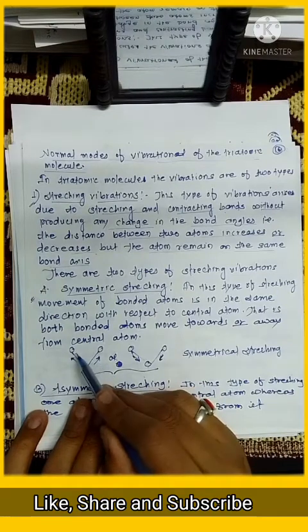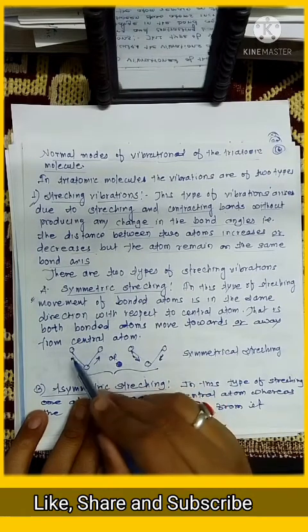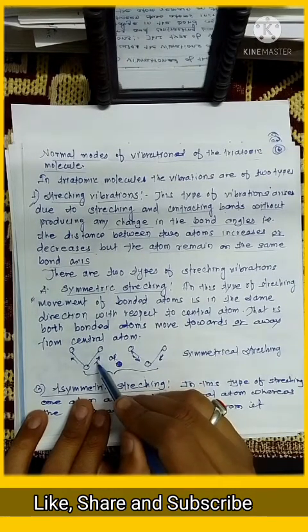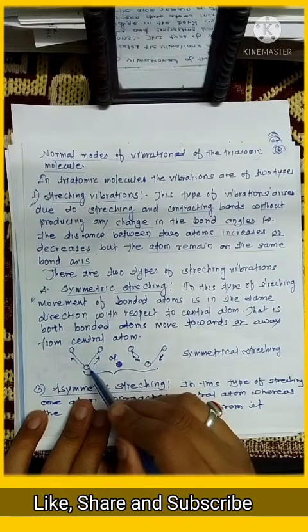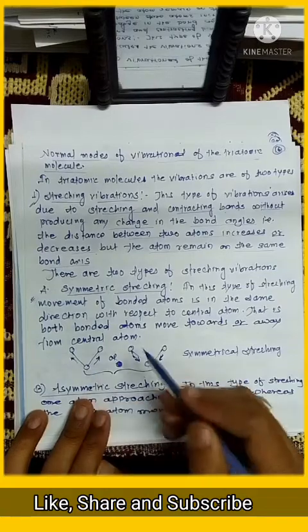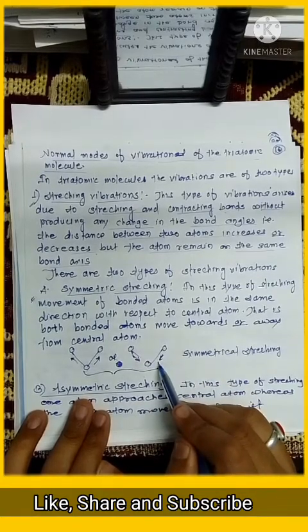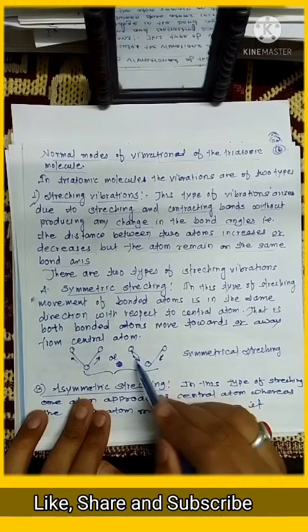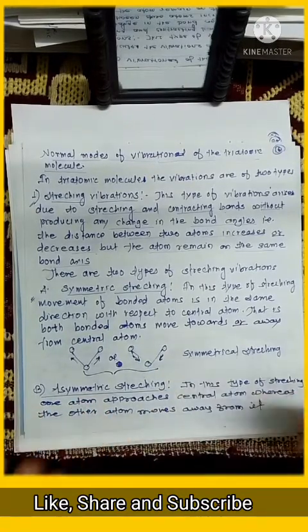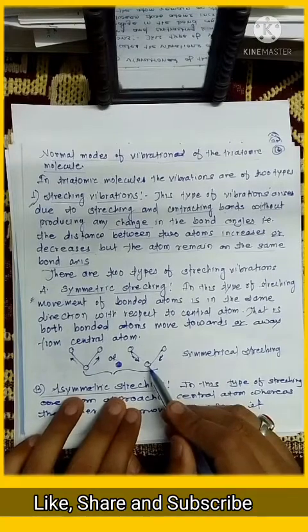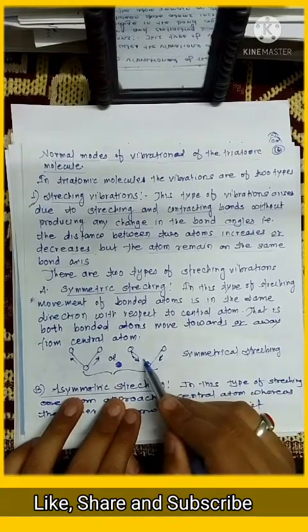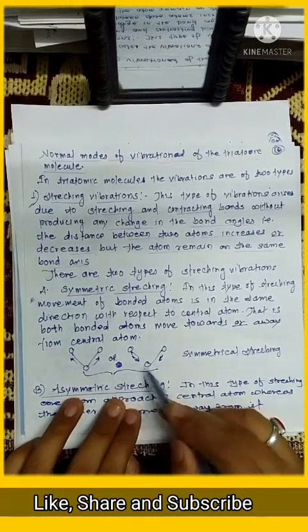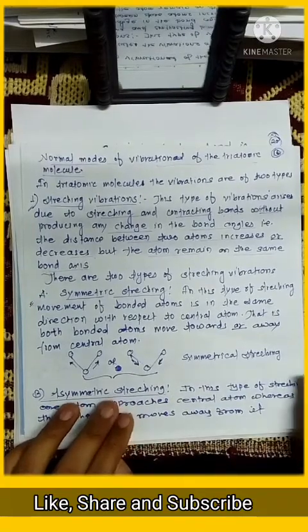In this diagram, this is the ozone molecule, and both the oxygens simultaneously go away from the central oxygen atom. Or in this diagram, both oxygens come closer, or contract towards the central atom simultaneously. So this type of stretching is symmetric stretching.